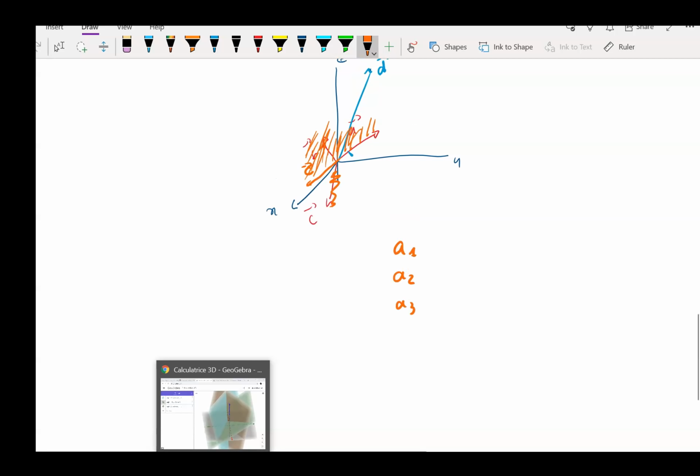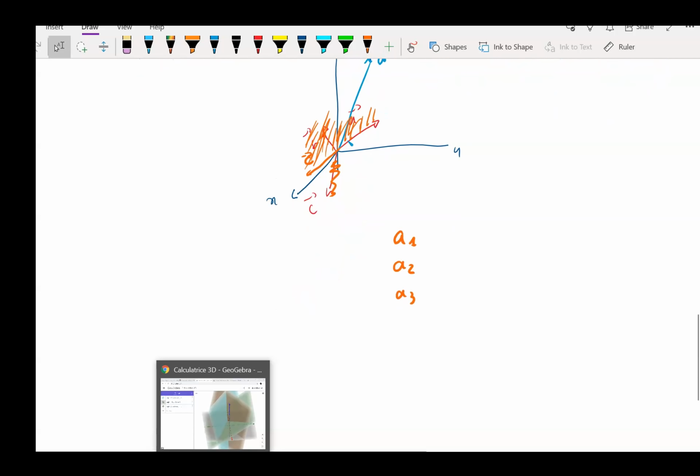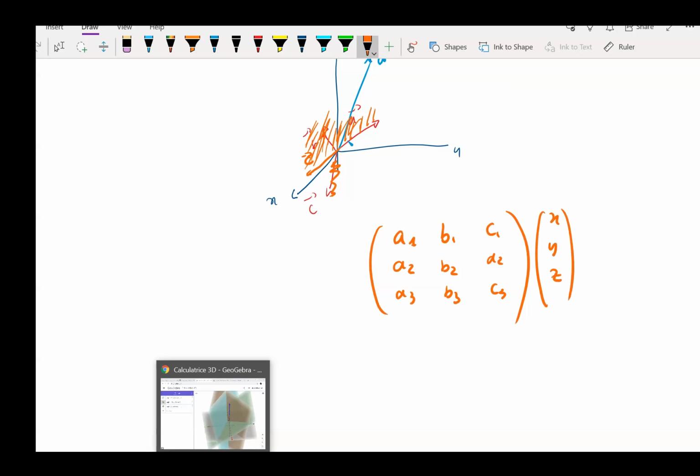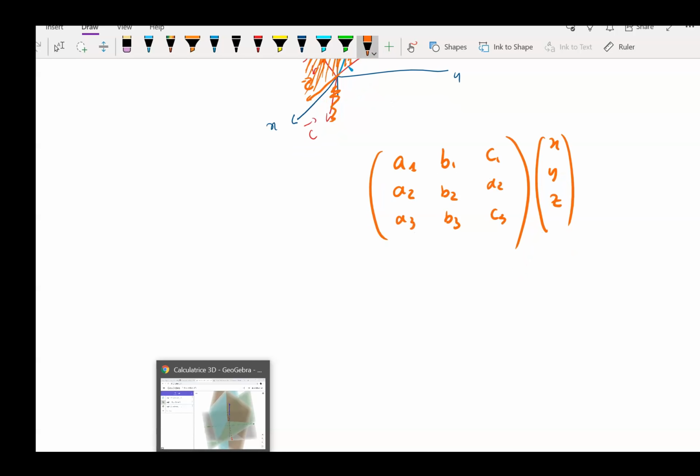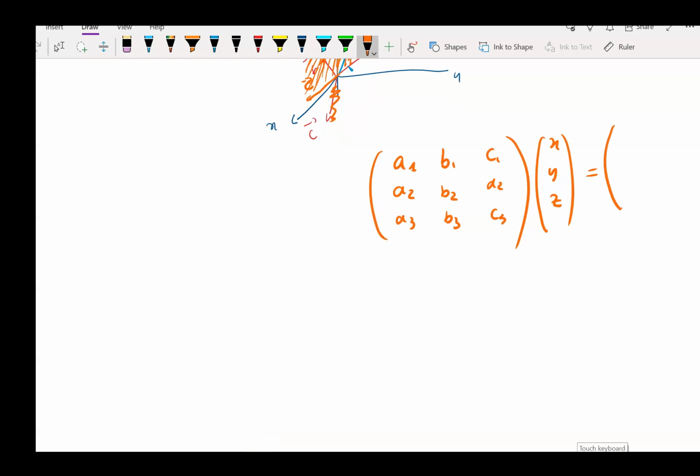I put in the columns my three vectors A, B, and C: B1, B2, B3, C1, C2, C3, times my vector X, Y, Z, my vector of unknowns. And what I really want to solve is this thing equal to D1, D2, and D3. Of course, you remember that you can write this matrix equation row by row, and you find again the system that you had.